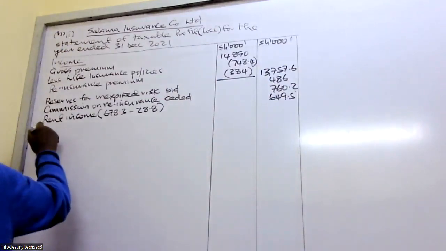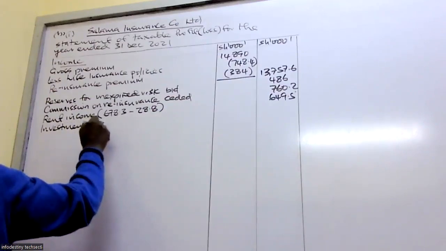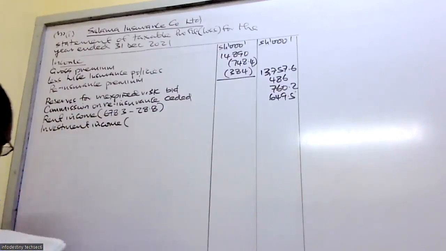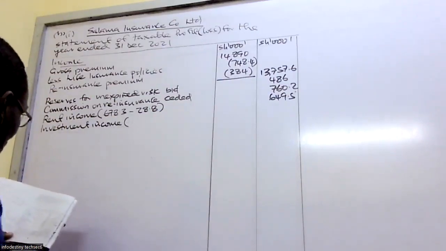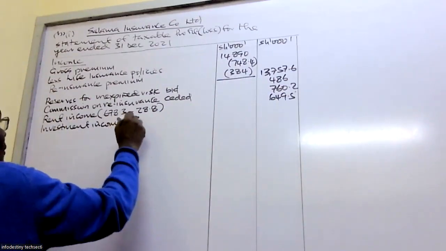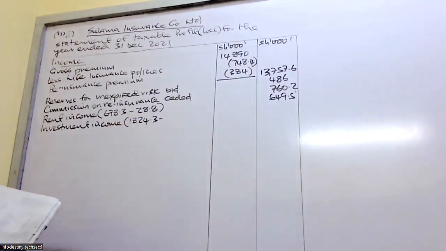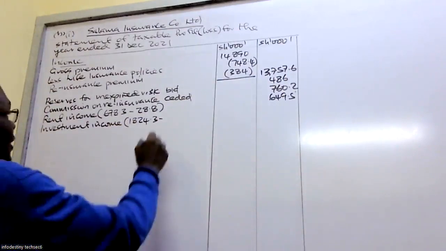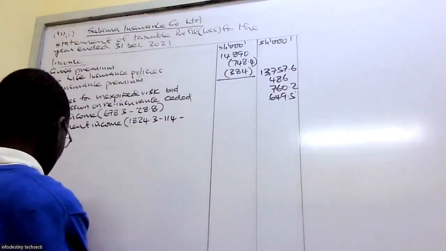So we'll deduct those two from investment income because sale of a car is a capital gain. So we'll say investment income. We'll adjust that. So investment income is 1824.3. We subtract the 114 and we subtract gain on sale of a car.